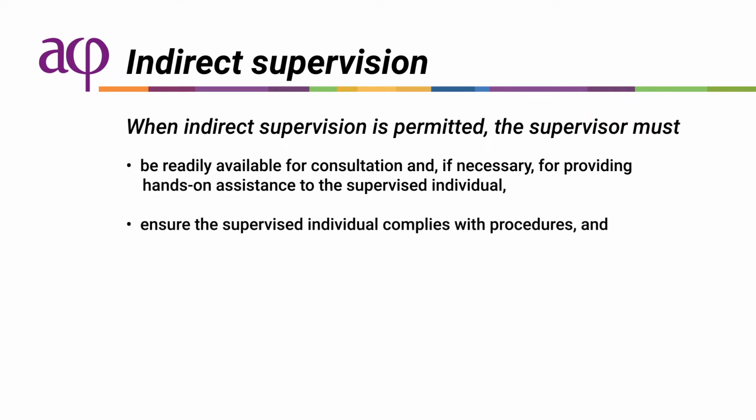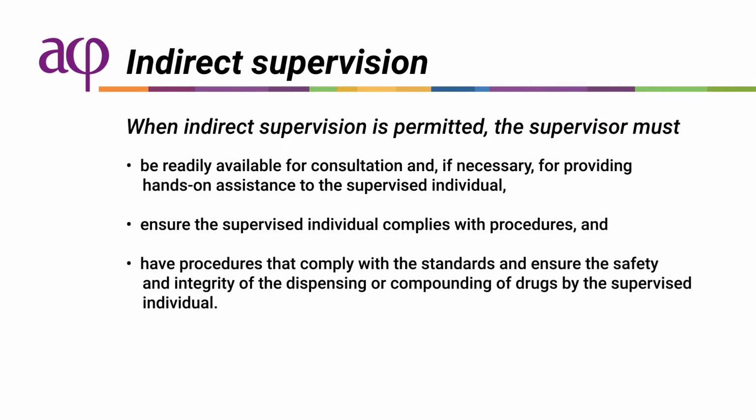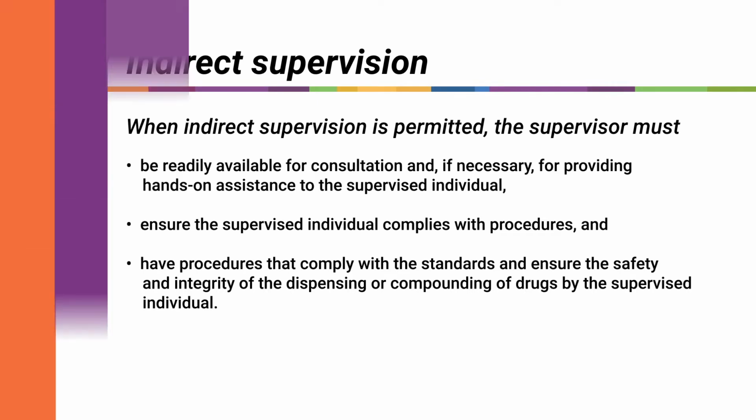Ensure the supervised individual complies with procedures and have procedures in place that comply with the standards and ensure the safety and integrity of the dispensing or compounding of drugs by the supervised individual. Any failure in quality, safety, or security is the responsibility of the supervising pharmacist or pharmacy technician.